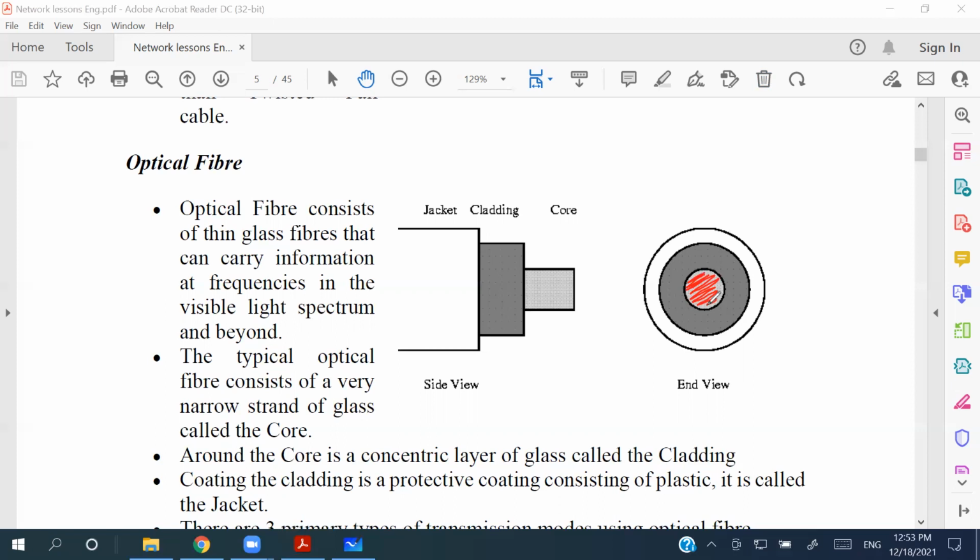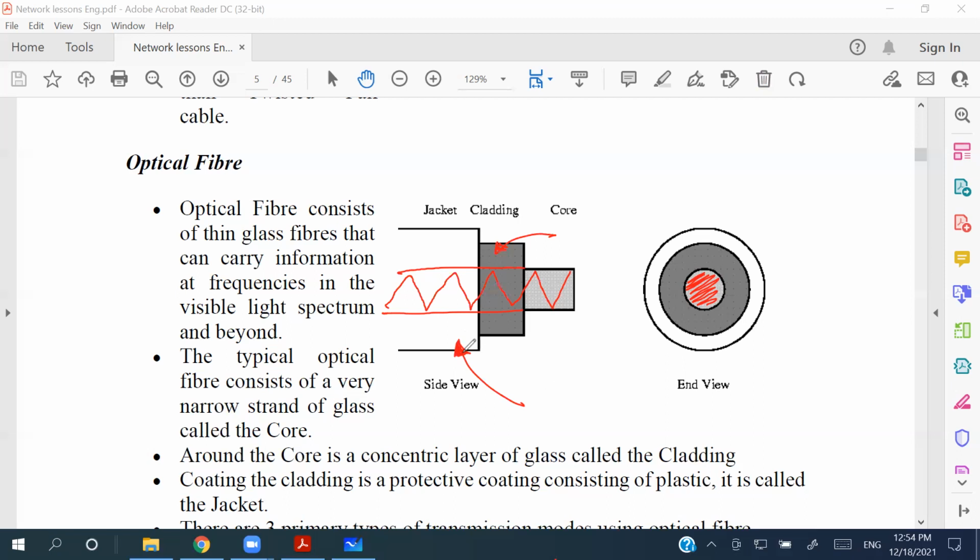When the light comes, it will reflect inside that glass tube and communicate like this, right? Covering that glass tube, they have a cladding made out of plaster of Paris, and covering that, a very thick jacket made out of plastic.